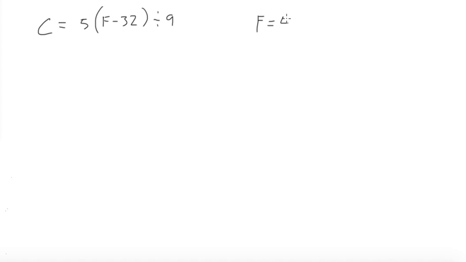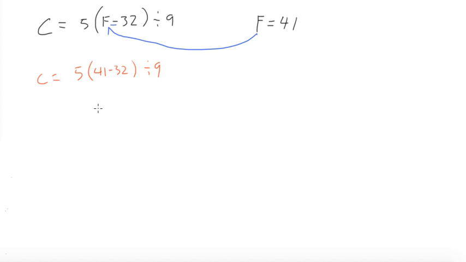So it's 41 degrees outside. We're going to take that F in the Fahrenheit and plug it into this one right here. So we have C equals 5 times 41 minus 32, divided by 9.